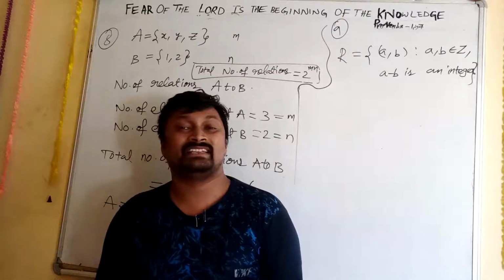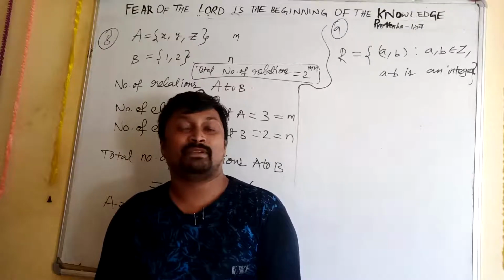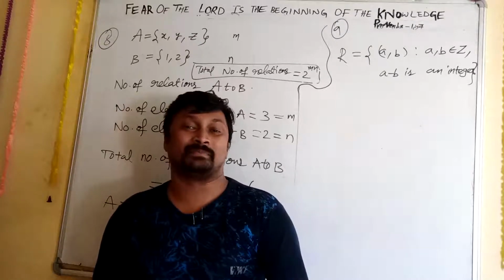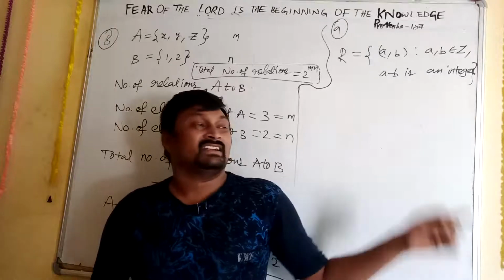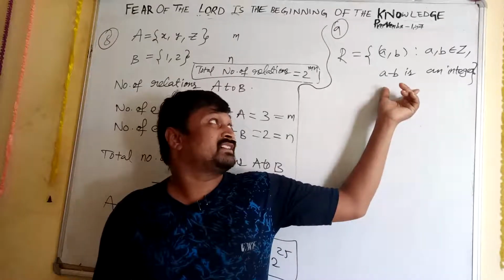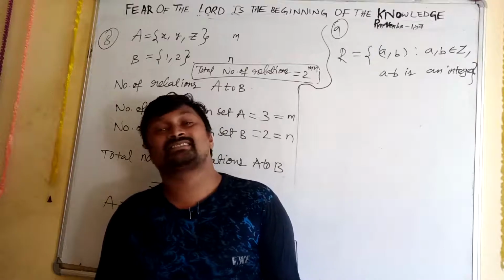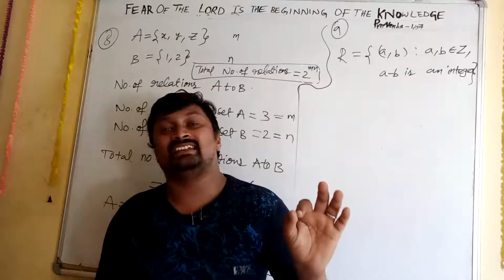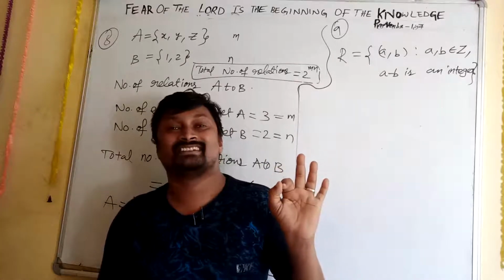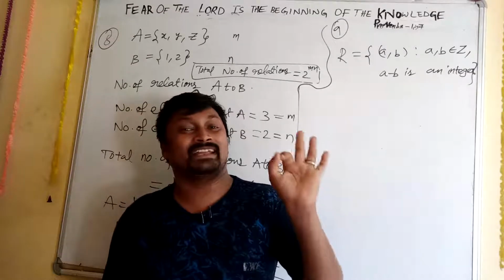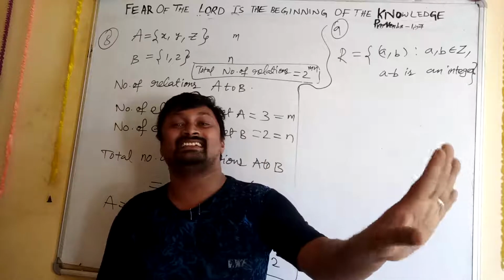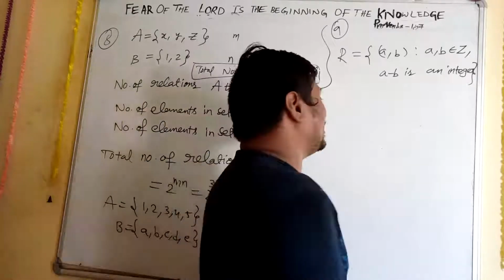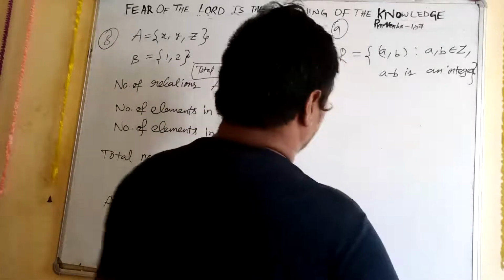If you have not remembered, listen, that property says that subtraction of any two integers is always an integer. Remember it. If you remember that, I think you got your answer.